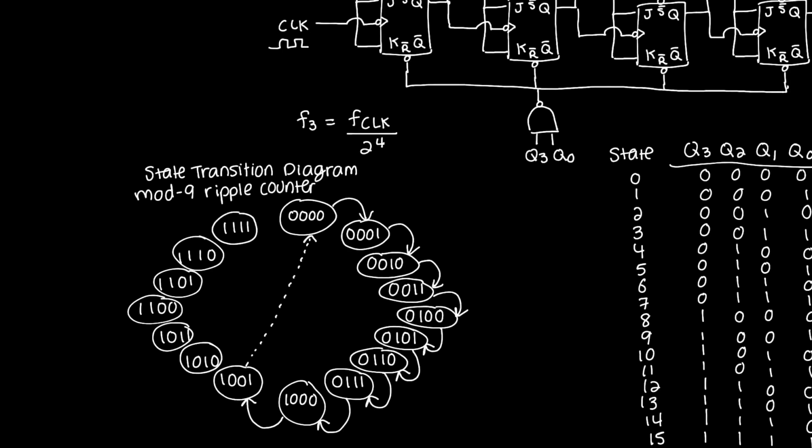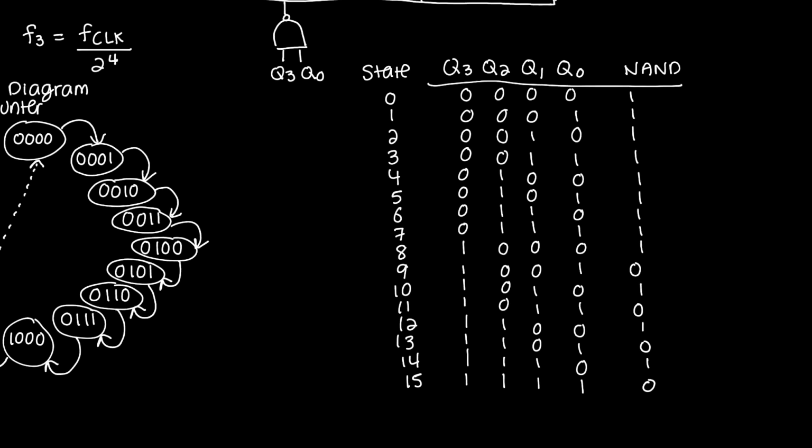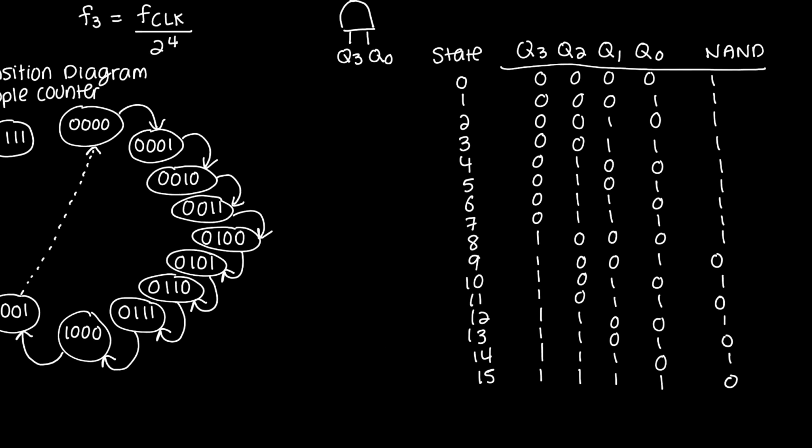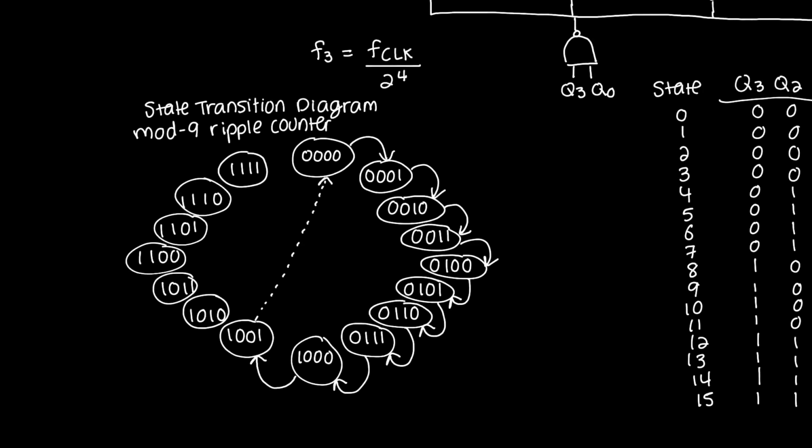Okay, what happens though? Because remember I said I could boot up in any possible state. So what happens if I boot up in this state, 1010? Well, in fact, that NAND gate, as I can see here from my truth table, in state 10, my NAND gate is still going to be high. So at the next clock pulse, I'm going to progress to state 11.